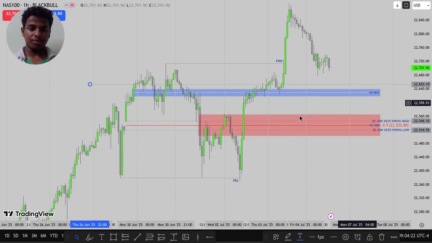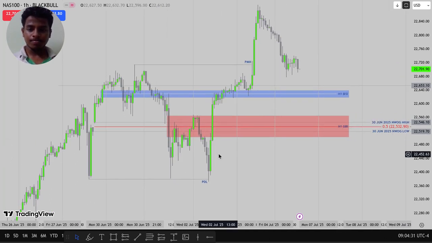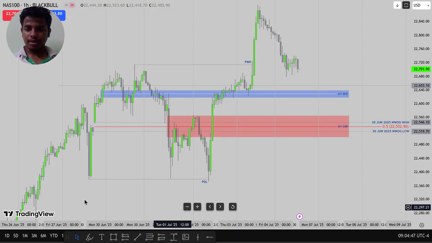See, this is a very crucial and very important H1 BC. Then see what happened here. Market formed the equal lows and market one more time came and cleared this equal low and took this previous day low.